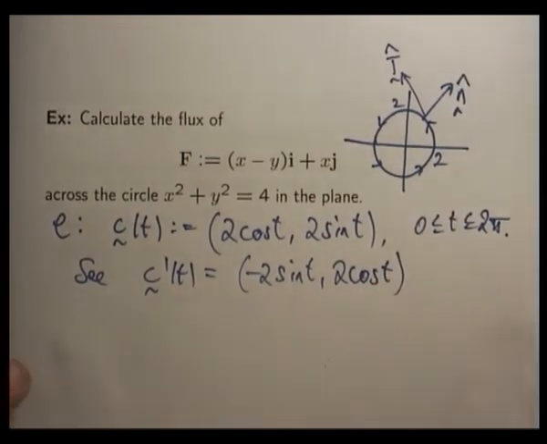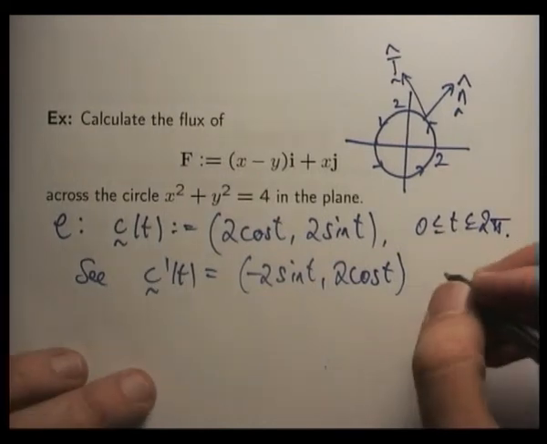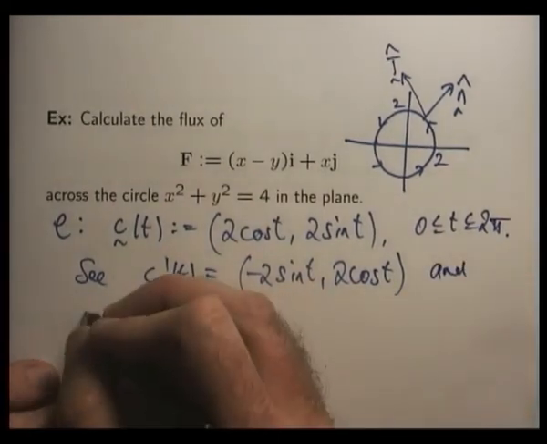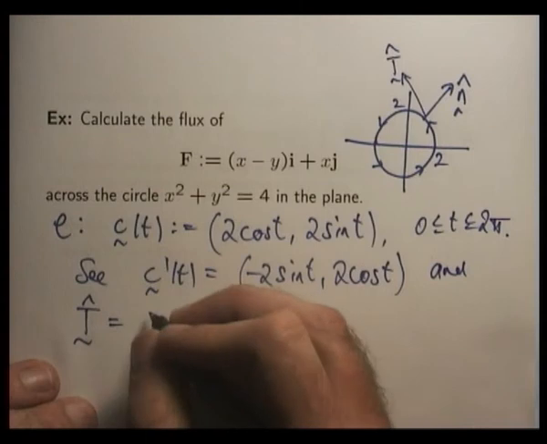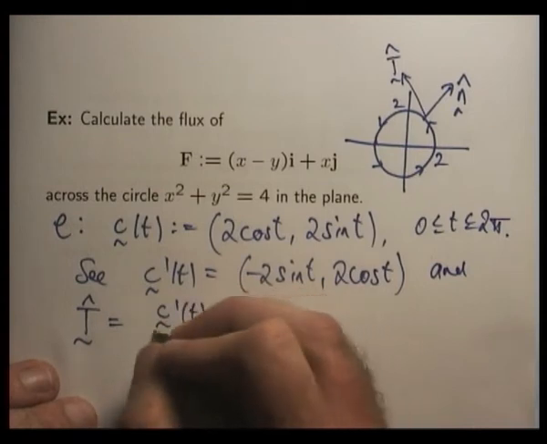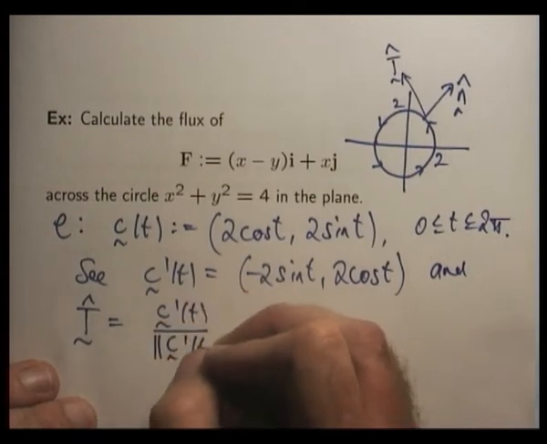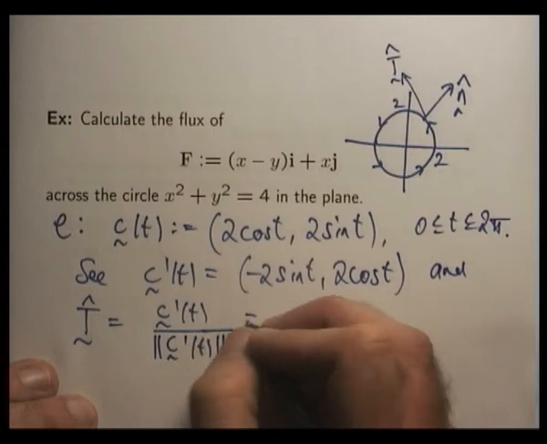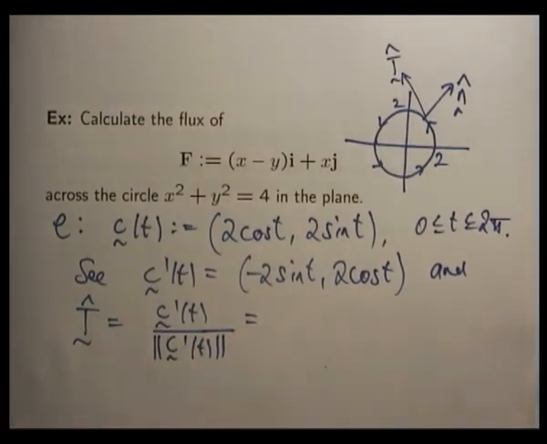Now, it doesn't have unit length. So we can make it have unit length though, of course. My parameterization is regular, so I'm not going to be dividing by 0 here.